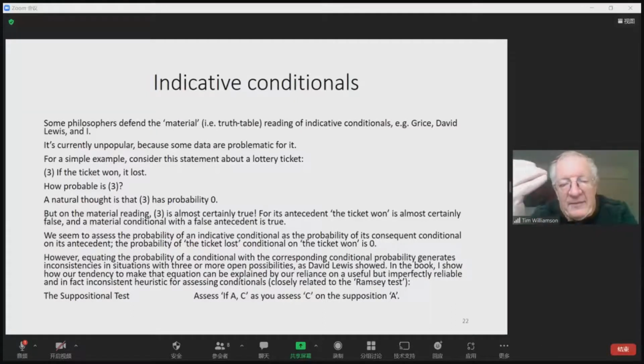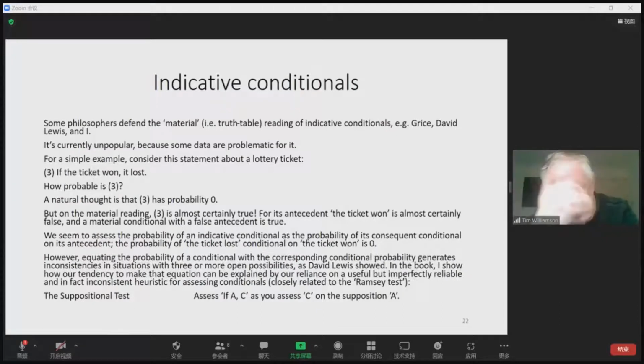So this test that we use is closely related to what is often called in the literature the Ramsey test, on the basis of Ramsey, but I call it the suppositional test. It's not exactly the same as what Ramsey says, but it's very closely related to it, which is a very general kind of rule for how to assess a conditional. So it's saying if you want to assess a conditional, we're talking about indicative conditionals at the moment, of the form if A then C, you assess the consequent C on the supposition A. You suppose or imagine A, and then under that supposition or imagination, you ask, well, what's the status of C?